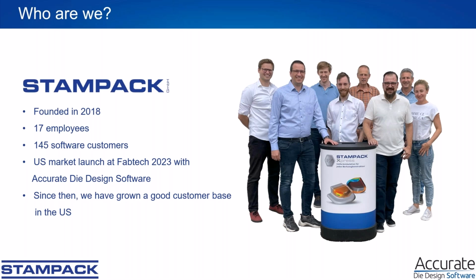In 2023 at FabTech in Chicago, we launched our software to the US market together with our reseller Accurate Die Design Software, and that's why we are here together to present our solutions. Since then, we have grown a very good customer base in the US. Maybe the most famous of our customers is Cosma Die Technology, a Magna subsidiary in Detroit. Beside this, things are going really well, and the US is our largest growth market in the world.